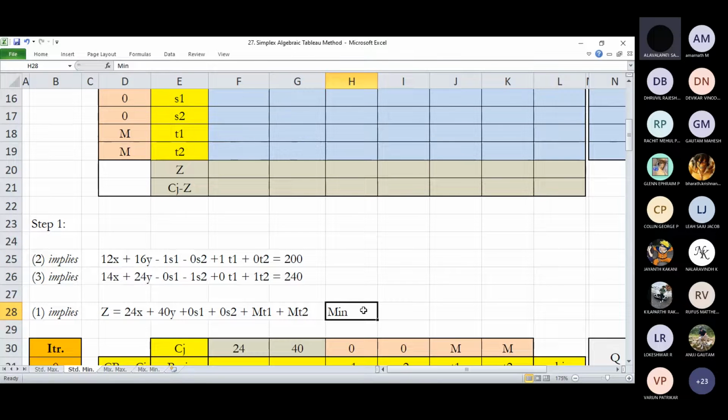But as of now, for the standard minimization case, we'll be adding the artificial variable with a positive coefficient, which is M, capital M, a bigger number.